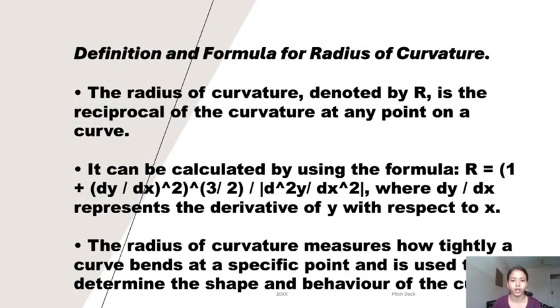Definition and formula for radius of curvature. The radius of curvature, denoted by r, is the reciprocal of the curvature at any point on a curve.